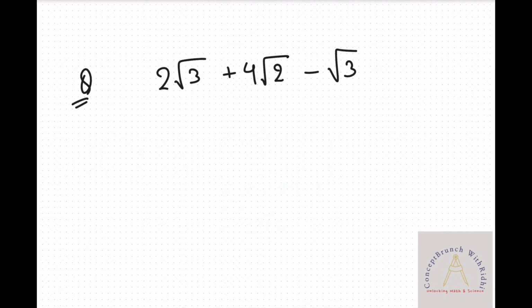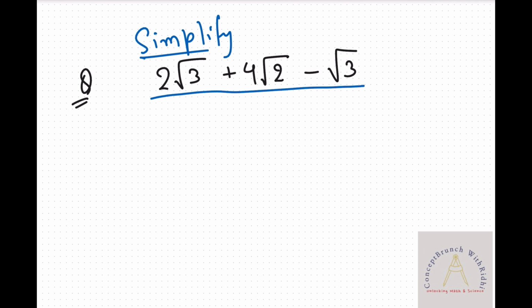Simplify this. In this case, you can see they are not all like terms, so we group the like terms together. 2 root 3 minus root 3 plus 4 root 2.